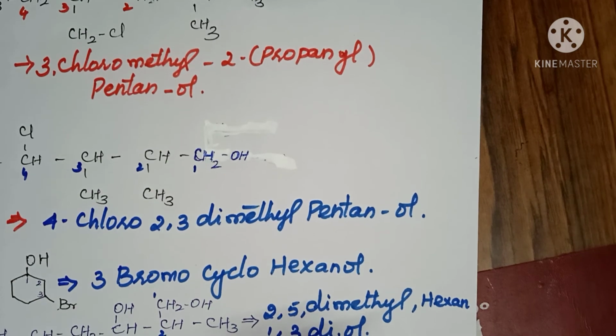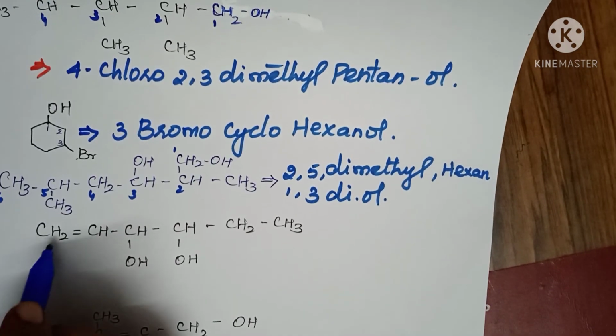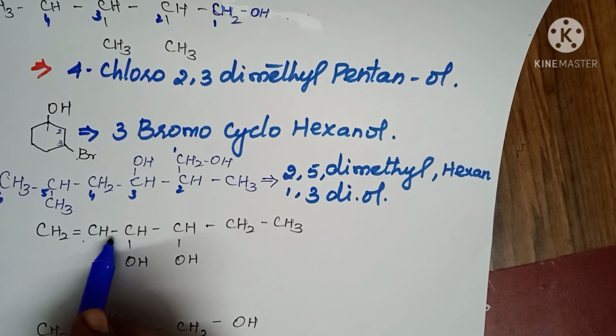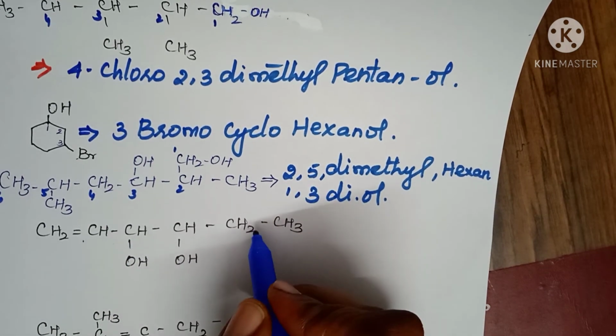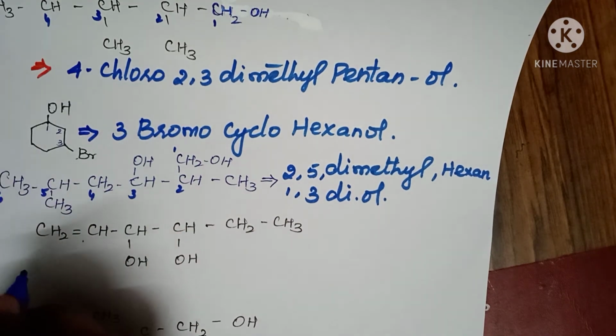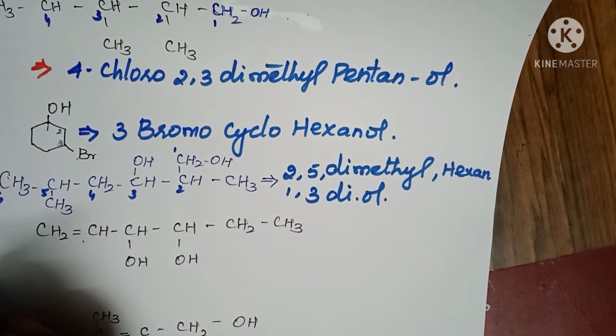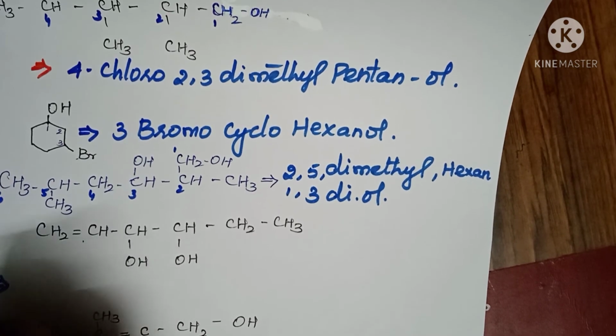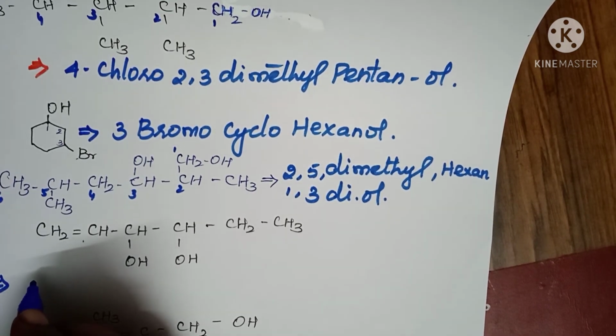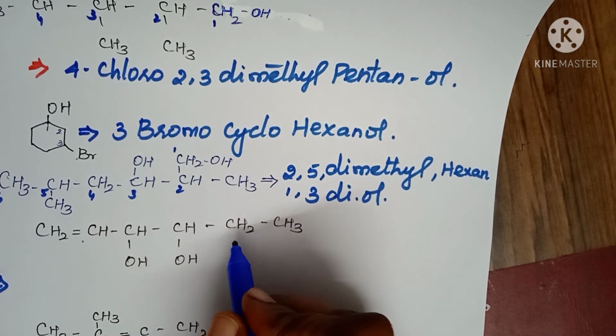Okay, next one. Now CH2 double bond CH, CHOH, CHOH, CH2, CH3. Now at this point you are getting a double bond, which means an unsaturated compound. For a single bond it is ane, for a double bond it is ene, right? How many carbons are there? Where do you give the numbering?